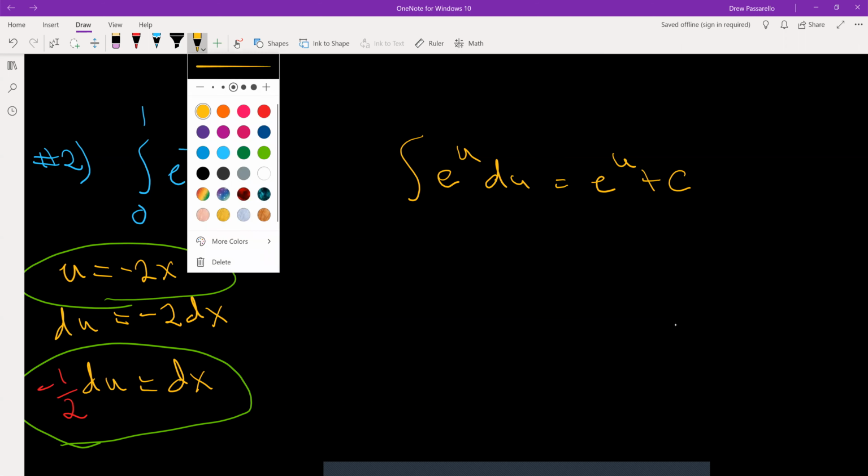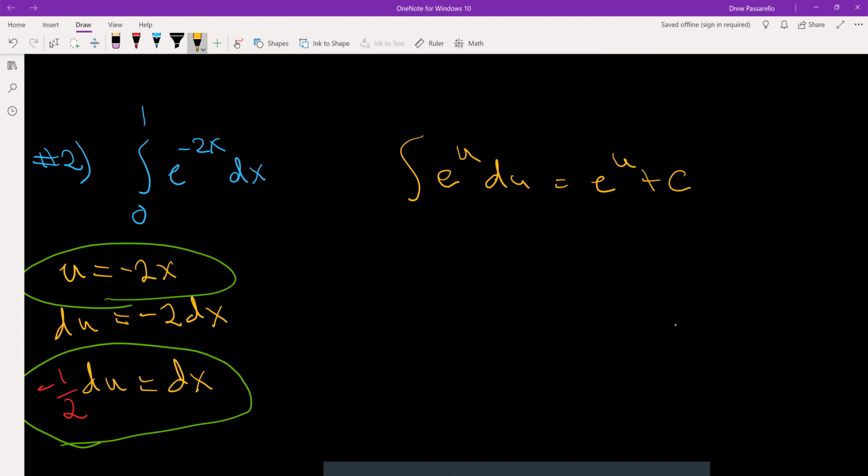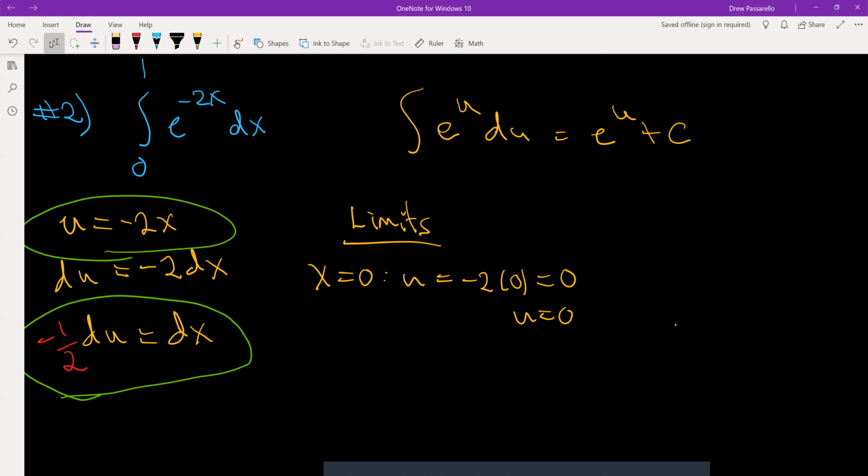And it's a definite integral, so I got to change my limits of integration. All right, when x is 0, u is negative 2 times 0, which is 0. And then when x is 1, you get negative 2 times 1, which is negative 2.